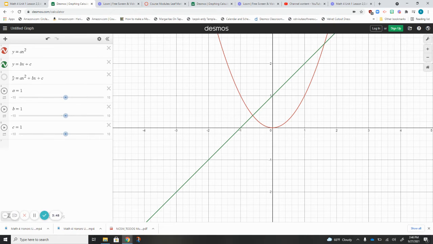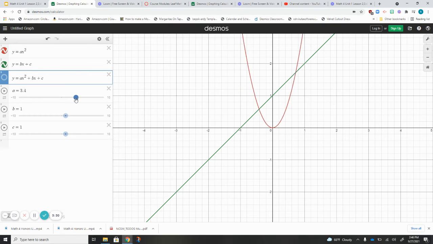Now, you can turn on and off any graph. So right now it's showing all three of the graphs, but I only want to look at the first two for a second. So I can click on that and the blue graph will go away. This is what happens to ax squared when you change a. So think about what's going on there.